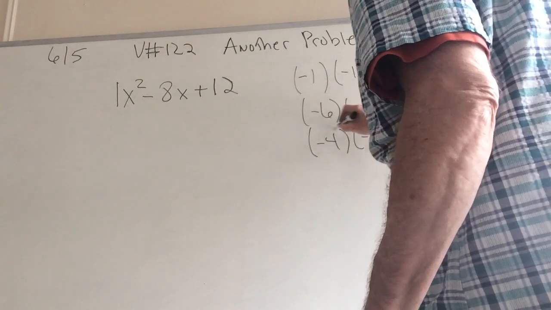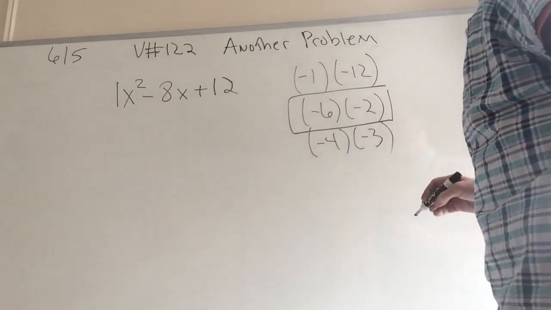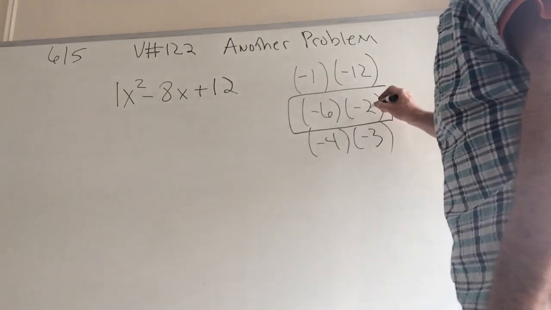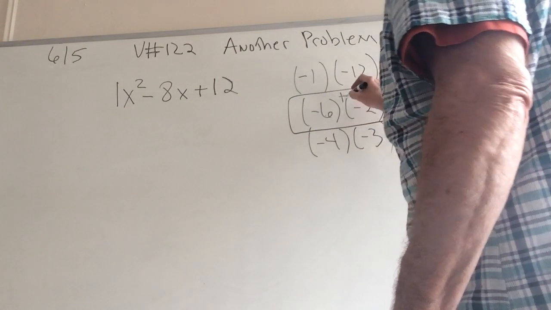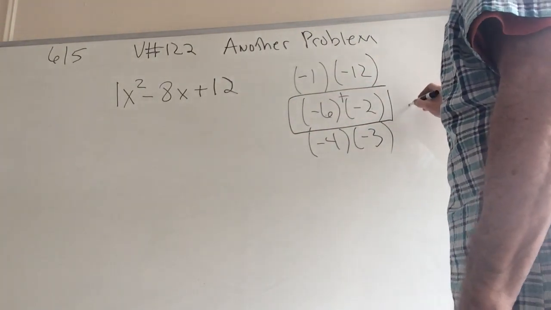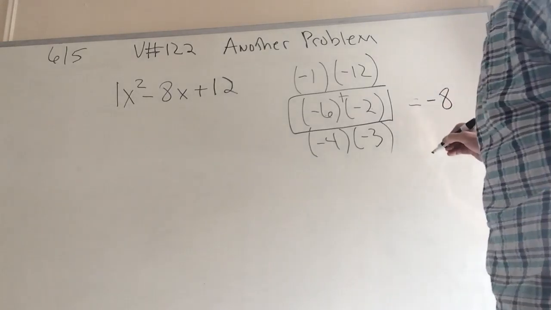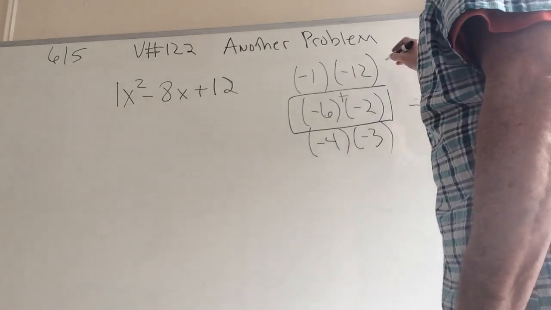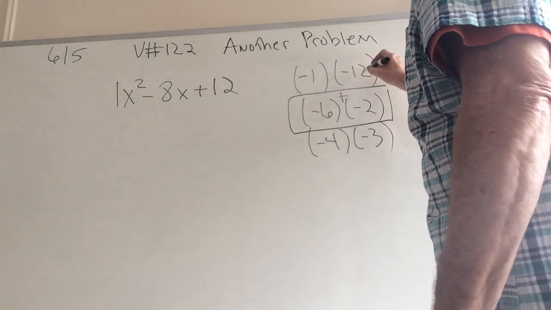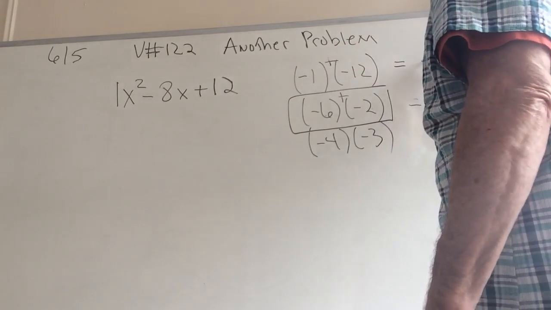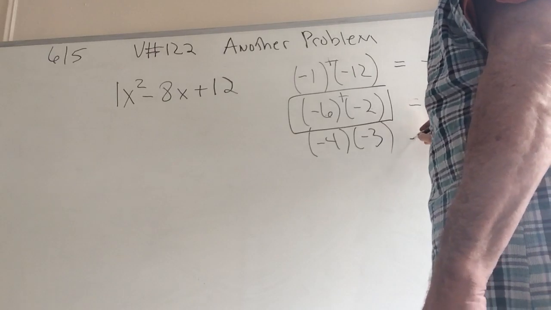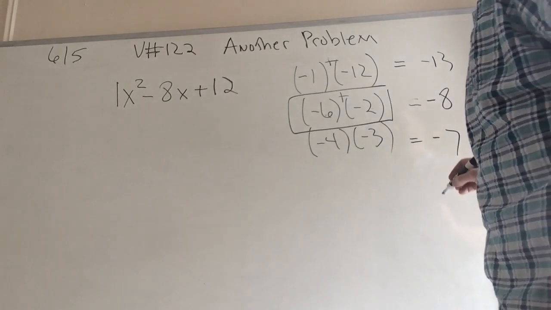And we box this off because this is the obvious candidate. Negative 6 times negative 2 equals positive 12. Negative 6 plus negative 2 equals negative 8. Why don't the others work? Well, negative 1 times negative 12 is 12, but when you add them together, you get negative 13, and using the same reasoning, you get negative 7.